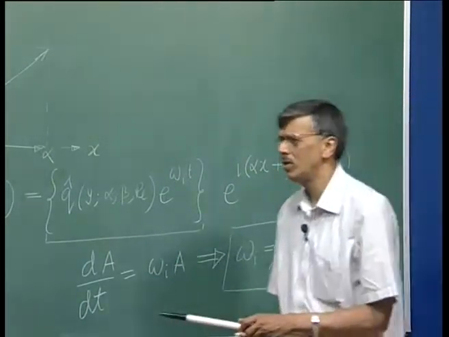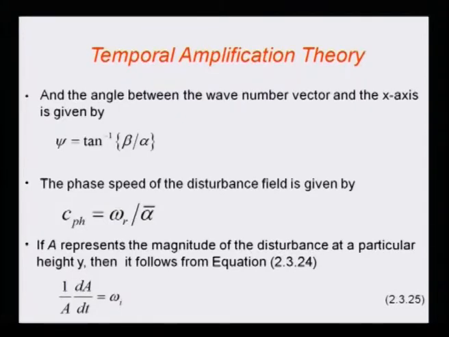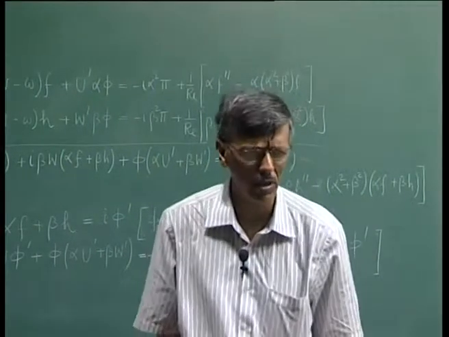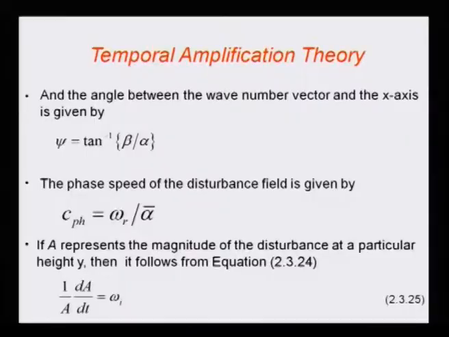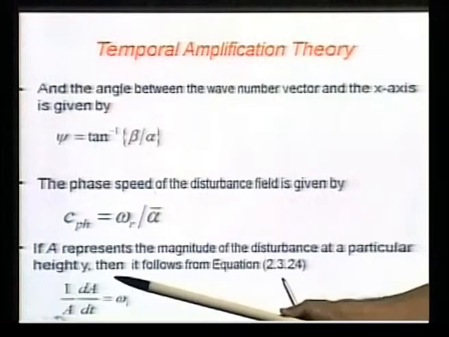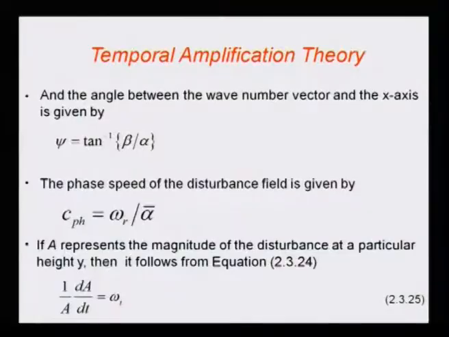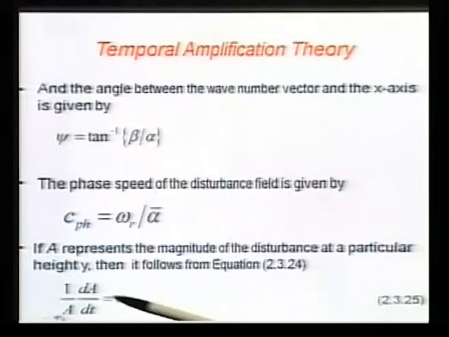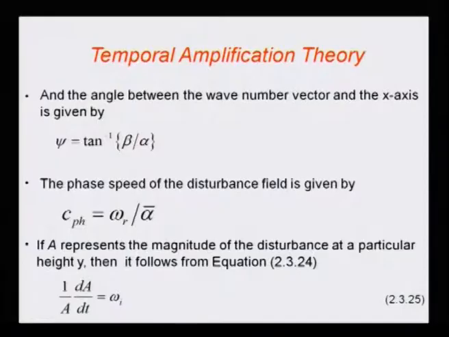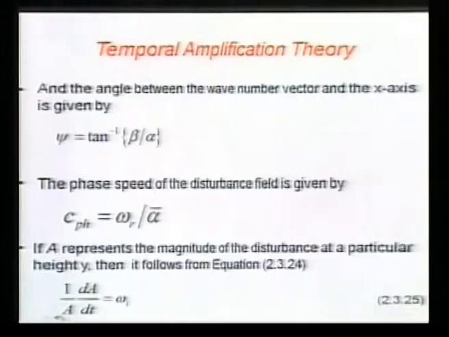That is what you have in equation 25 here. Suppose you go to the lab and do the experiment and measure the amplitude. So, you will be getting A. If I measure it as a function of time, I should be able to evaluate this derivative, and if I divide by the amplitude instantaneously, I am going to get an estimate for omega I, the temporal growth rate.